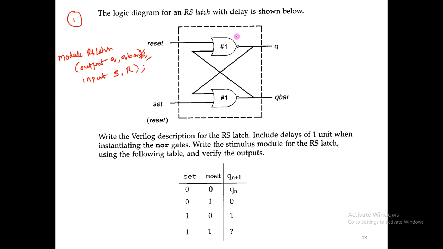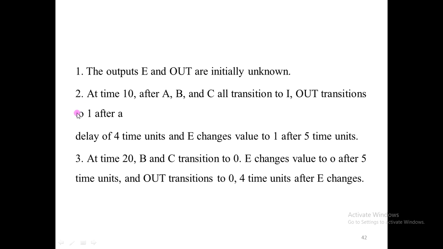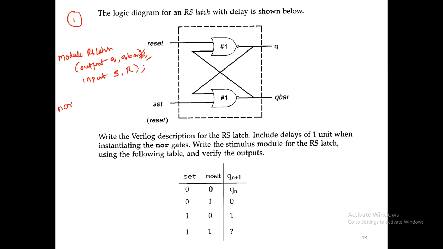The construct you need to use is NOR. This is a Verilog construct. Let me label it, which is optional. Before the label, there should be something in between, and that is the delay.